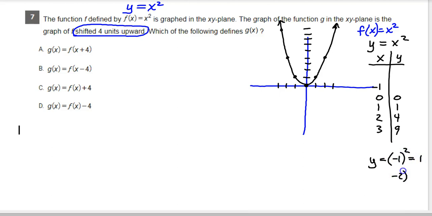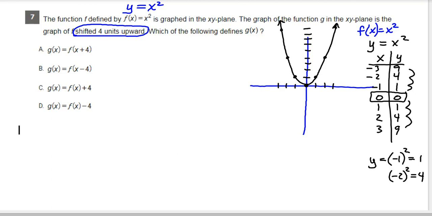If you plug -2 in, it's -2 times itself, which is +4. So you'll see this table kind of reflect back off of itself. And you'll notice this pivot point right here, this vertex. And then it kind of starts doing the same pattern in both directions. So that's the general idea.